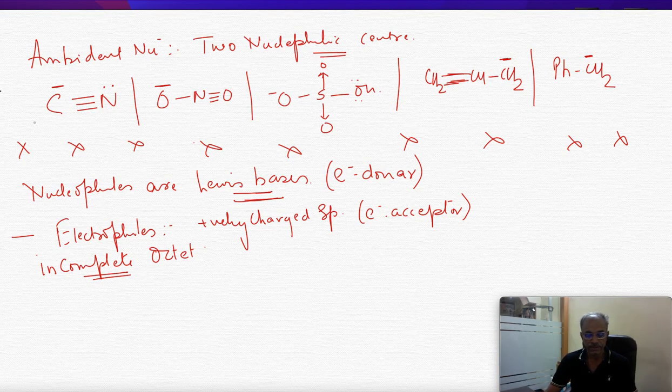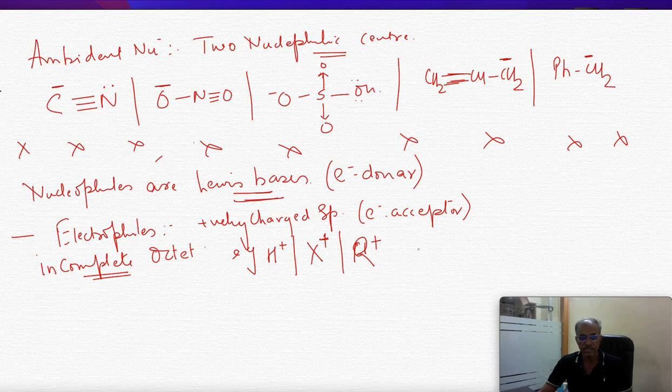Right, now examples we'll see. H plus. So H plus is an acid, an electron acceptor. An electron acceptor is known as an acid. X plus also is an acid. X plus means halogens. Take for example chlorine plus is an acid. Then R plus means carbocation.